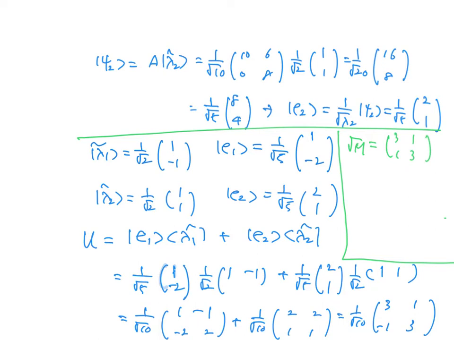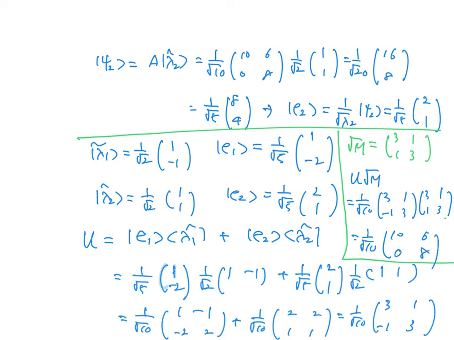So U times the square root of M is 1 over square root of 10 times (3, 1, minus 1, 3) times (3, 1, 1, 3), which is 1 over square root of 10 times (10, 6, 0, 8)... that is 3, 3, 6, 0, 8, which is A.